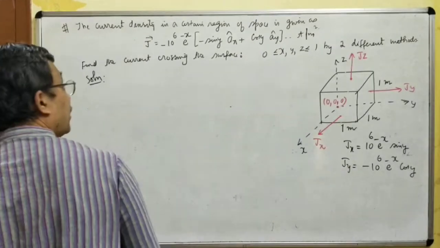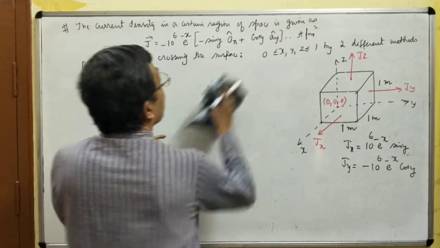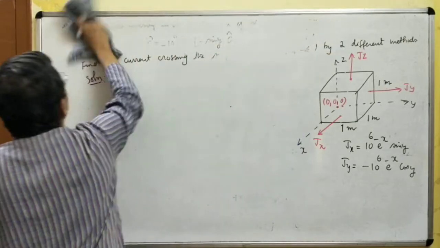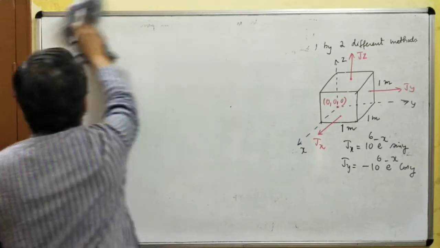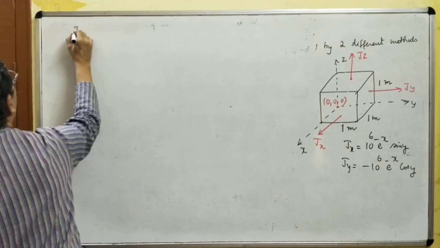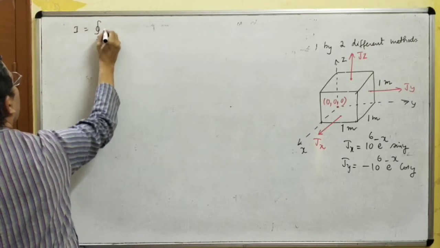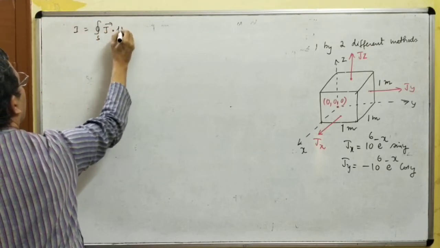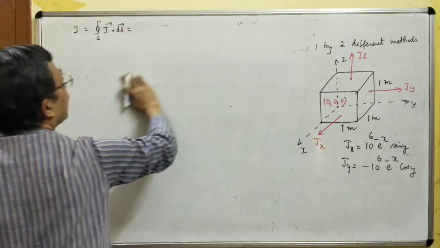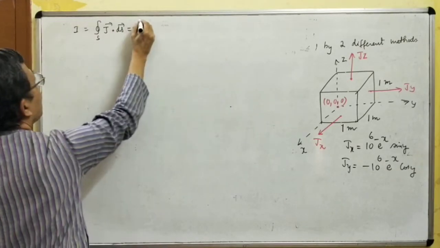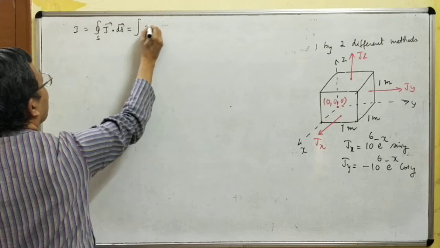Now we'll apply the formula I is equal to closed surface integral of vector J dot dS. This closed surface integral is split into 6 open surface integrals.